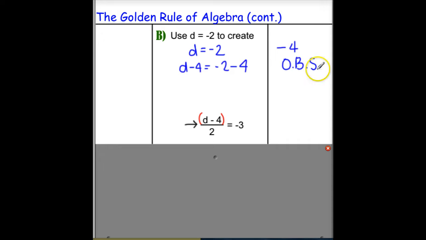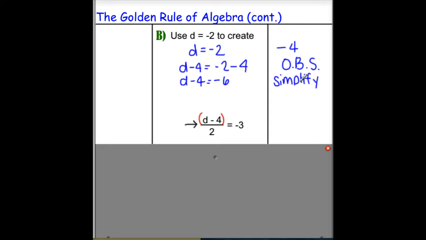Then the next thing we do is simplify, which gives me d minus 4, because I can't combine like terms, equal to negative 6. On this side I'm going to write simplify, so I have steps, because this will come in handy next year when you're in geometry and have to write algebraic proofs.